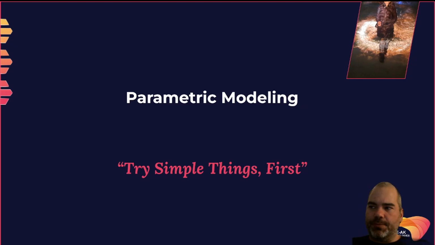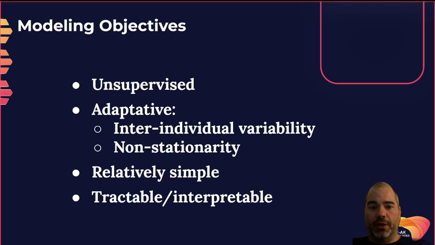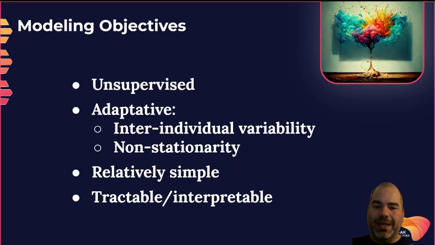I hope that through this episode you'll see that there are simpler models available that are sometimes very sufficient when you want to build something. So this is why I say try simple things first. It's kind of a rule of thumb in machine learning. If a simple model can do the job, prefer a simple model over a more complex one.